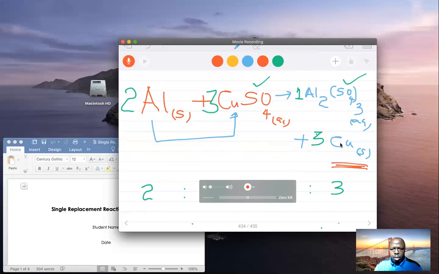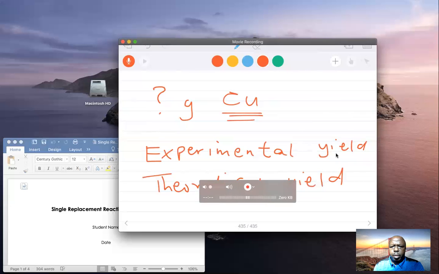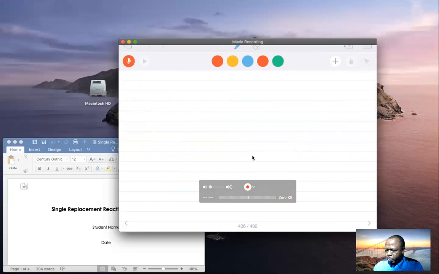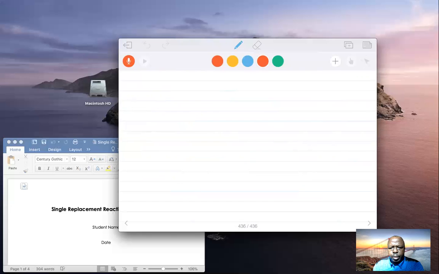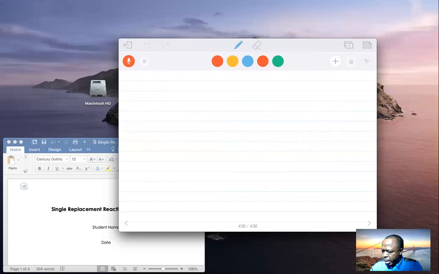This is what we will weigh at the end to find the experimental yield you will get from the experiment, and there is the theoretical yield you will get from the limiting reagent. With these two, towards the end, you will find the percent yield.